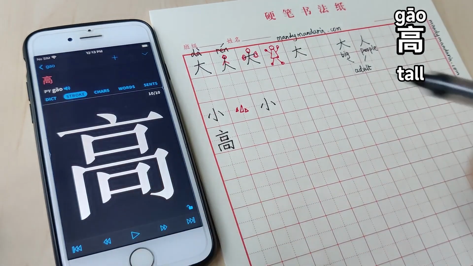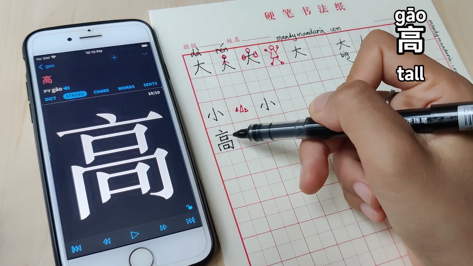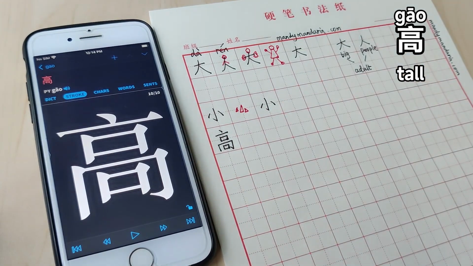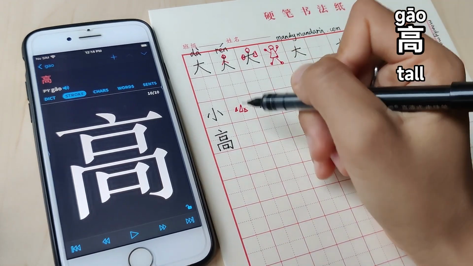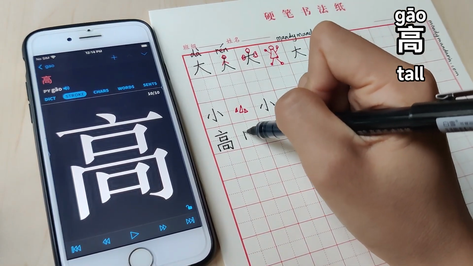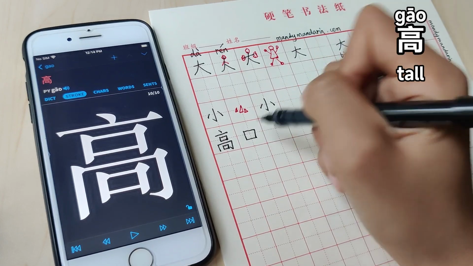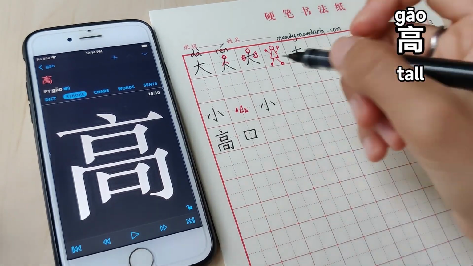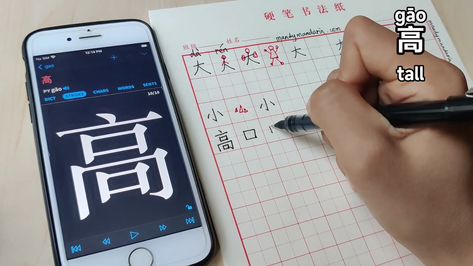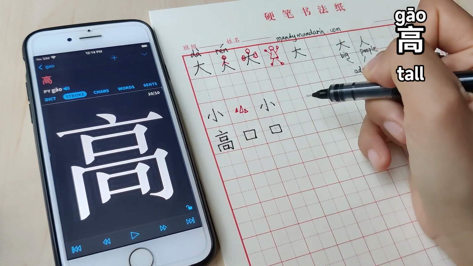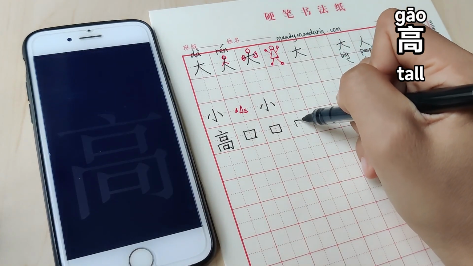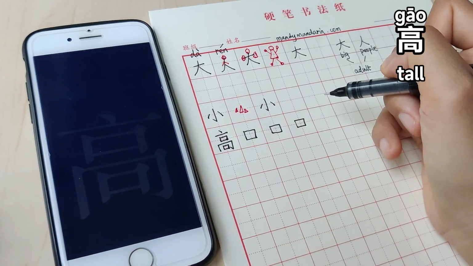So basically you can see 2 squares up here. The way we write the square in Chinese, it's always 1, 2, 3. It's always like this. So just don't do it like 1, 2, or maybe like this.